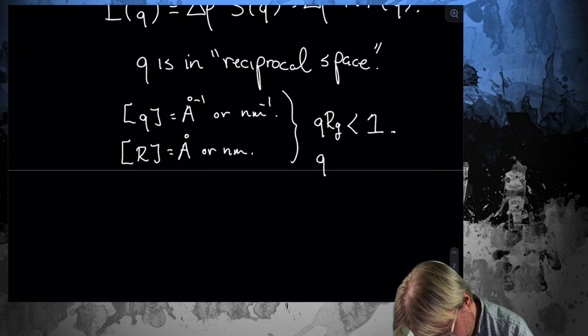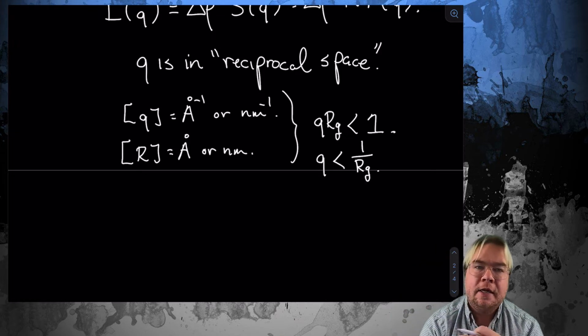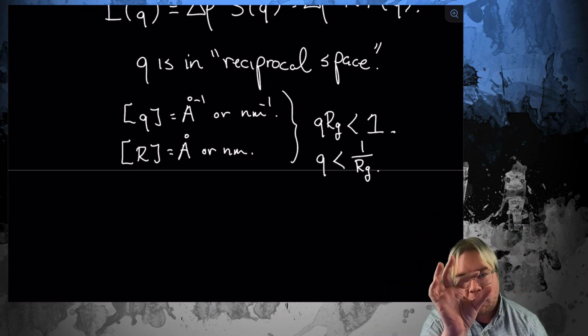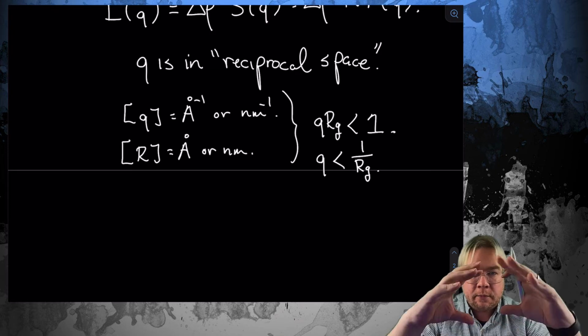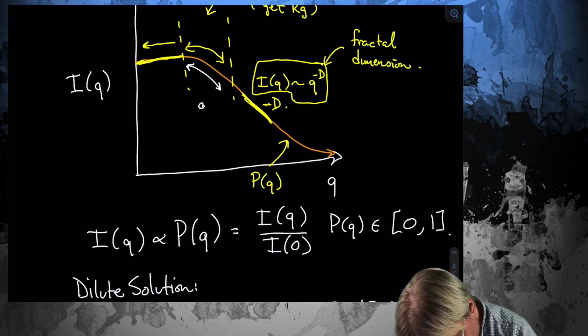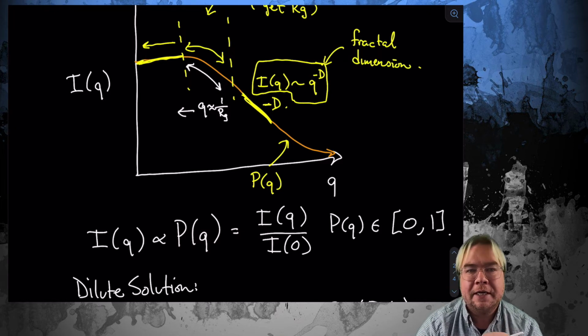In other words, Q will be less than 1 over Rg. So the Guinier region is the region where we're looking at the entire particle. We're not looking at small length scales, we're looking at the entire particle. So that region here, Q is really about equal to 1 over Rg and then lower. That's the Guinier region.